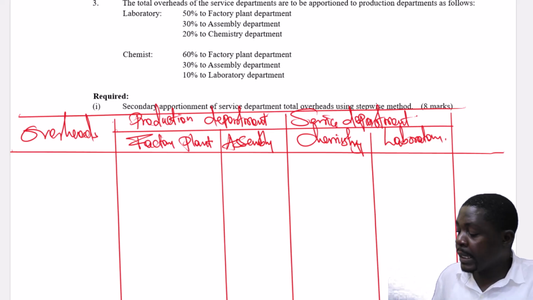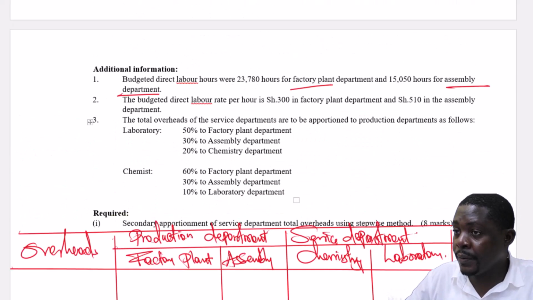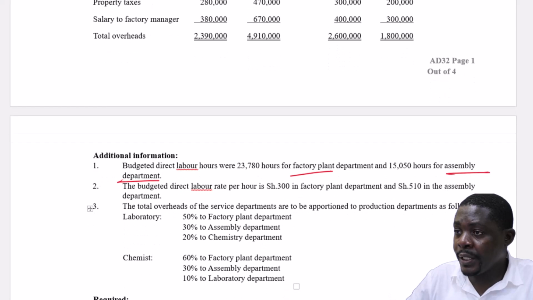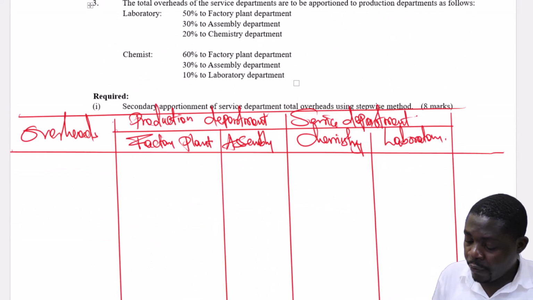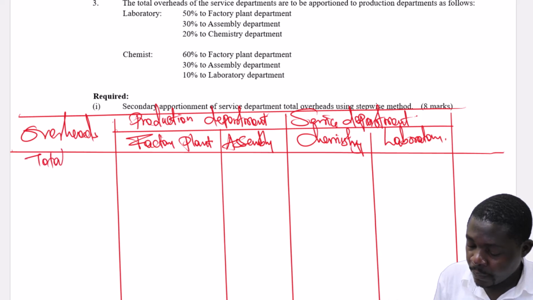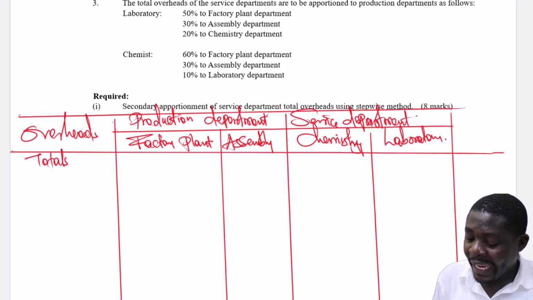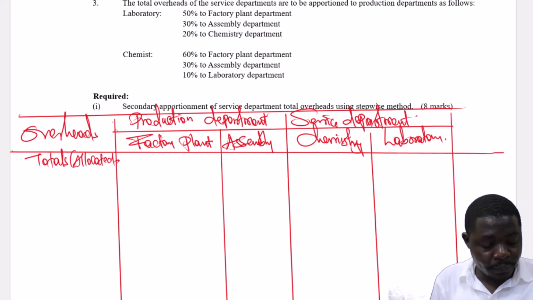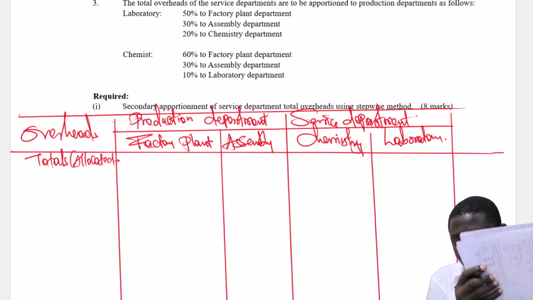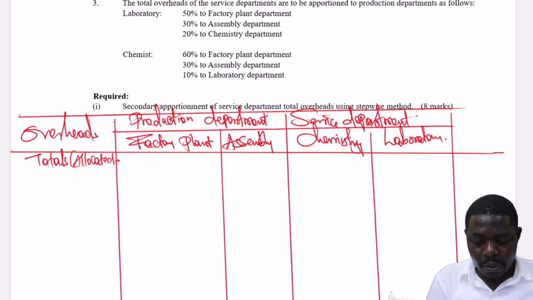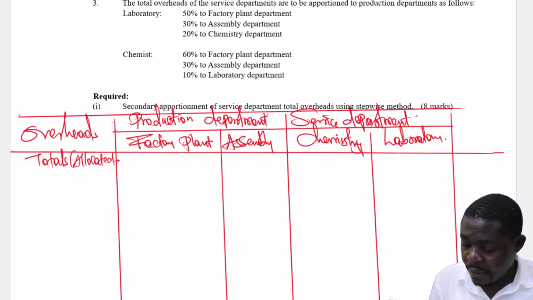That is it. Now we start with the total. You are just going to pick the total overheads or allocated. Let me just use my hard copy paper. For factory plant we had, let me try and get 3 zeros.